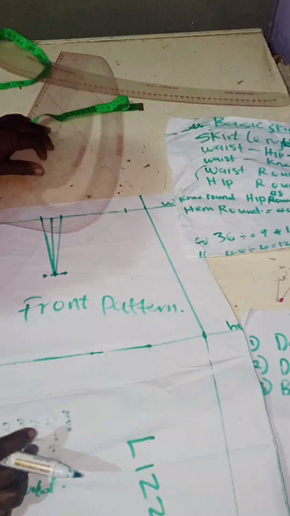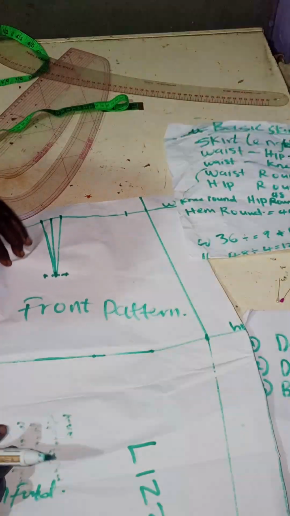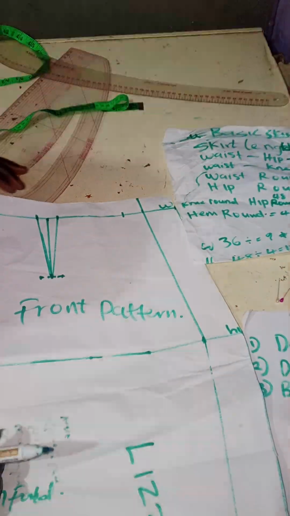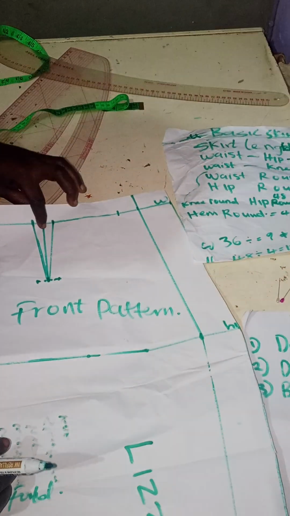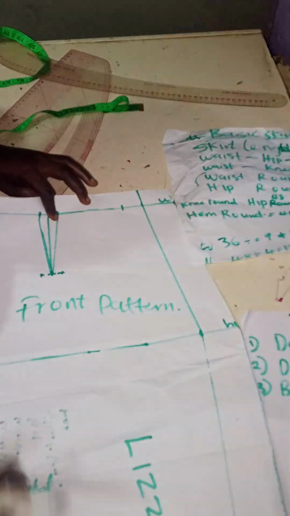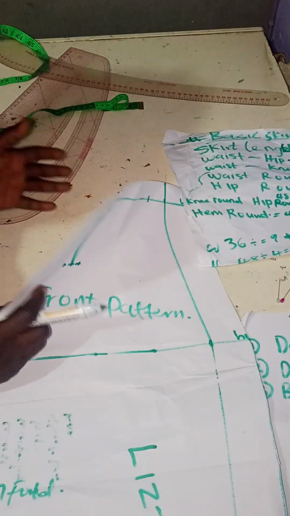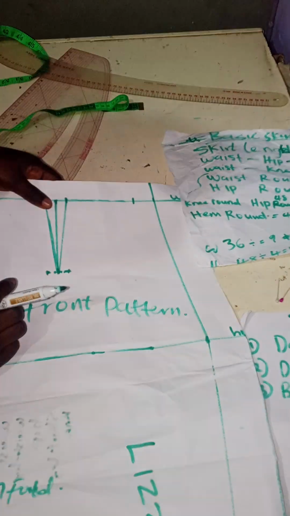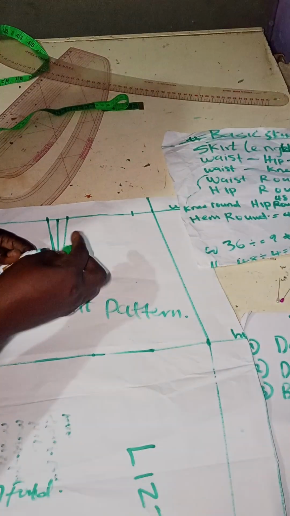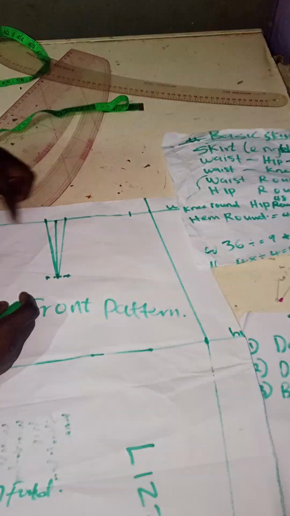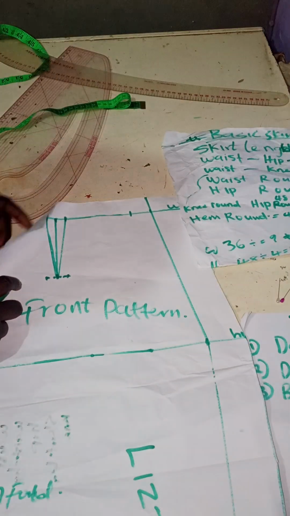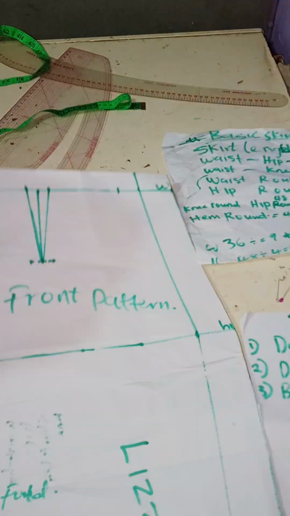So that is that for the front. For the other side of the skirt as well, you do the same thing. So by the time you measure from here to here, you have your 4 inches to the other part, then your 8 inches is complete.